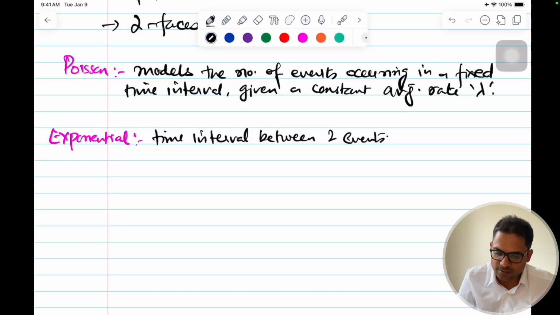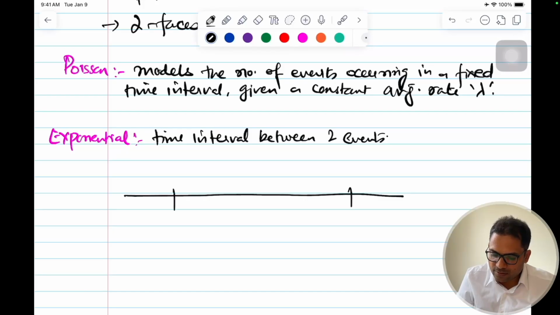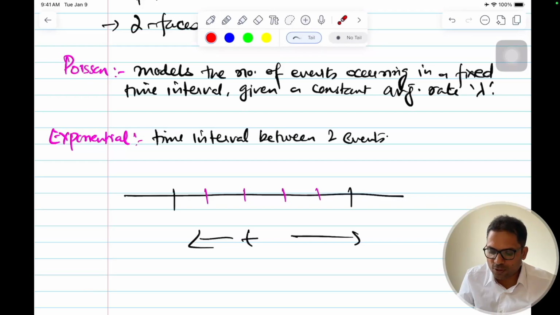Say for example, this is some time t, hour, whatever time, and say on average rate of events is 1 2 3 4, whatever. Say Poisson counts, what is the probability of how many events happening in this fixed time t. So the exponential distribution will measure the time between them.